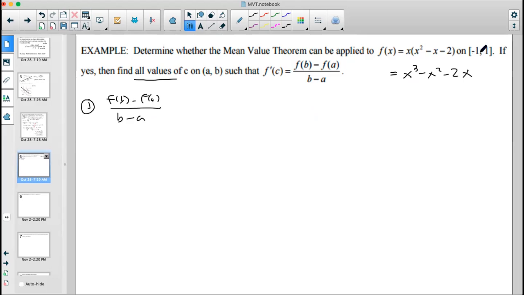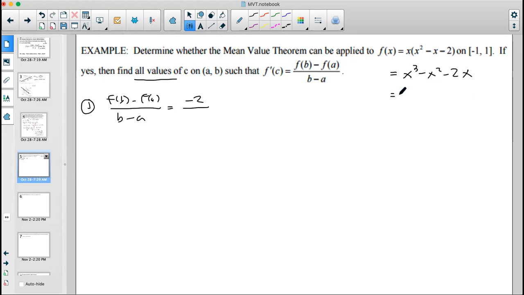So my a and my b are -1 and 1. So if I plug a 1 in here, I get 1 minus 1 is 0, minus 2 is -2. -2 on top. If I plug a -1 in, -1 cubed is -1, minus 1, that's -2, and then plus 2. That's 0 on the bottom. Oh, I see. Sorry.